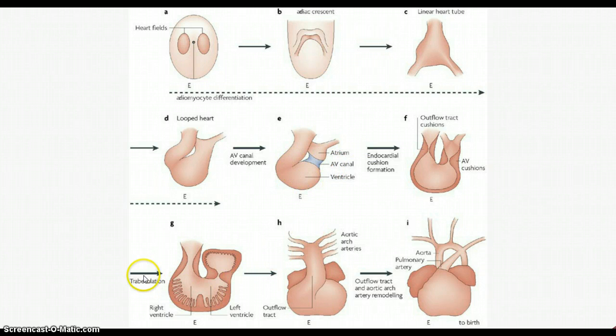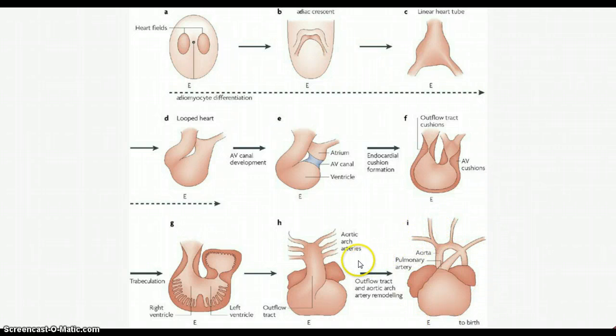And then trabeculation occurs, which is basically the forming of the trabeculae carneae, which I talked about in the last episode. Those ridges right here, and that will differentiate your left ventricle and your right ventricle. And then after that, it'll form into this right here, and at birth, it'll look like that.